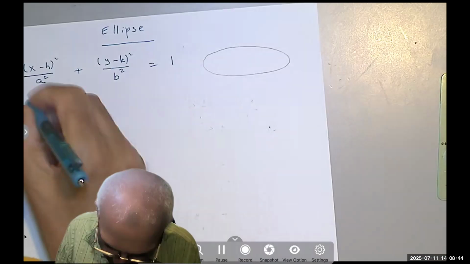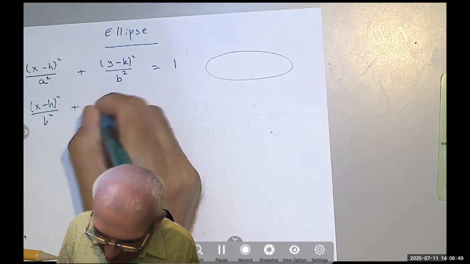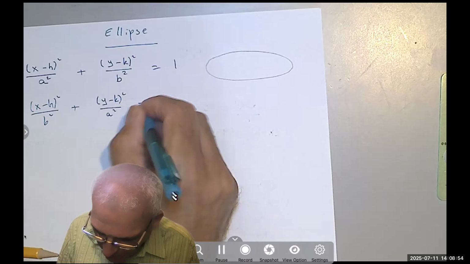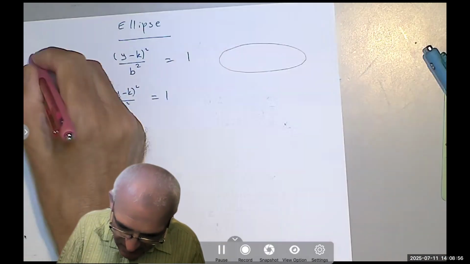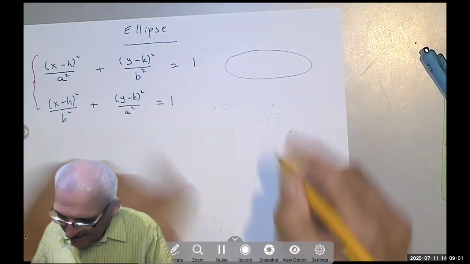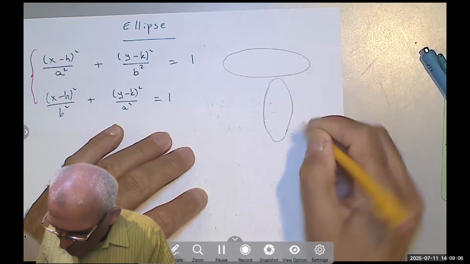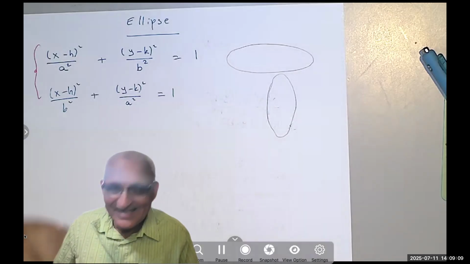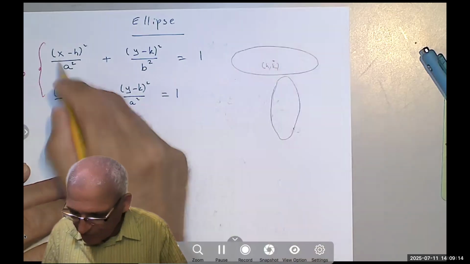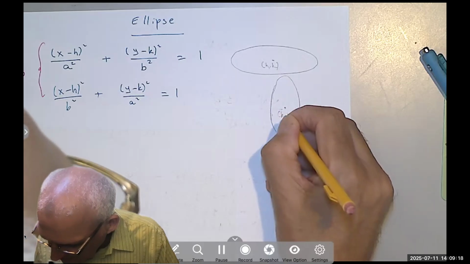And if I write it as x minus h square over b square and y minus k square over a square equals 1, and in both cases here, we are going to assume a is the larger of the two, then this guy would be a vertical ellipse. Again, excuse my drawing. Both cases, this is h and k. That's what we assumed. And this is h and k. Oops, h and k.